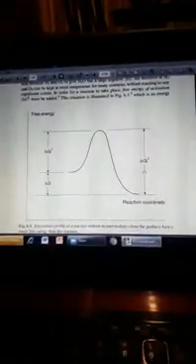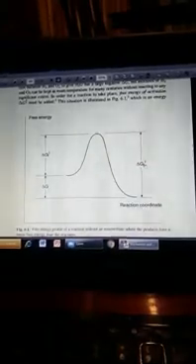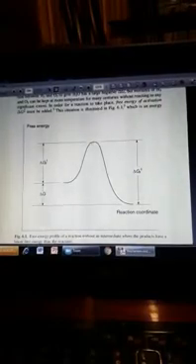Here there is delta GR, which is the free energy between the products and the activation complex. This is the place of the activation complex. Here all the reactants go to a higher energy state, which is the activation energy state, or transition state, or activation complex.